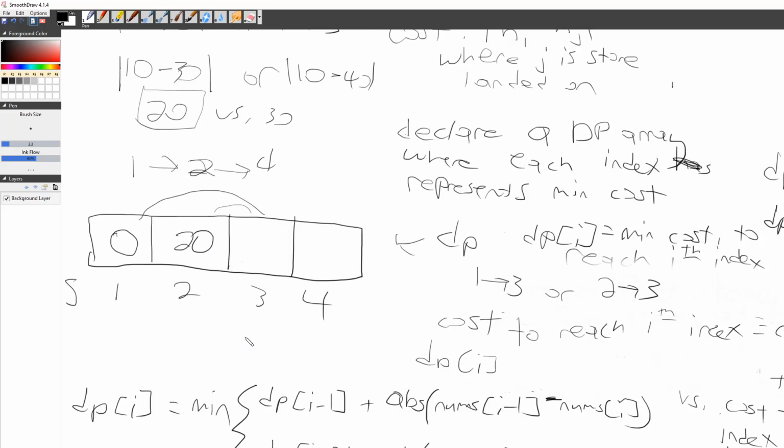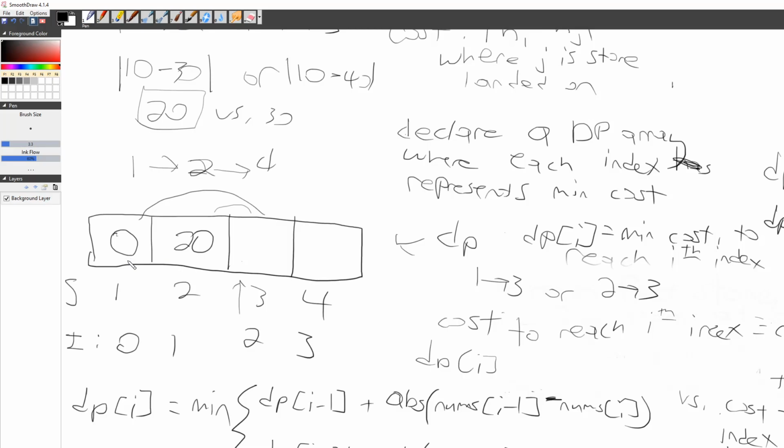Okay. So that means dp of 3, or index. I'll write capital I for index, because in high level programming languages, arrays are 0 indexed. So this is index 0, 1, 2, and 3. So index 2 here, that'd be this box.